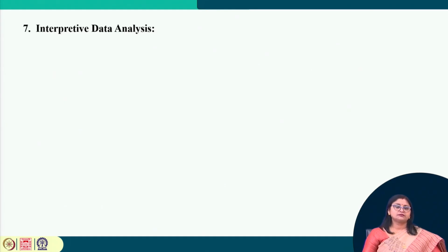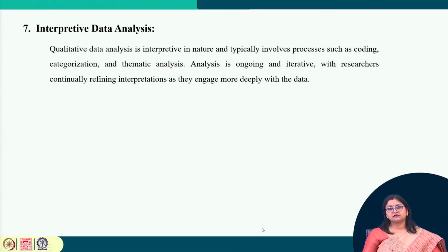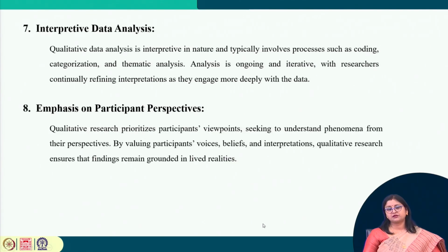The seventh point is interpretive data analysis. Qualitative data analysis is interpretive in nature and typically involves processes such as coding, categorization, thematic analysis, etc. Analysis is an ongoing and iterative process, with the researcher continually refining the interpretations as they engage more deeply with their collected data. The eighth characteristic is emphasis on participants' perspective.